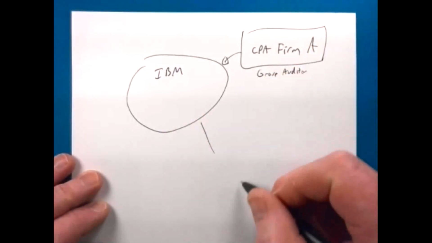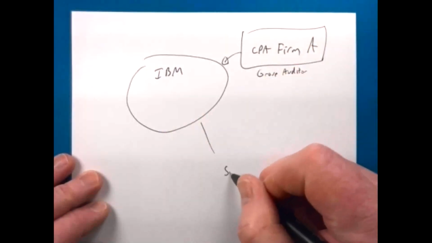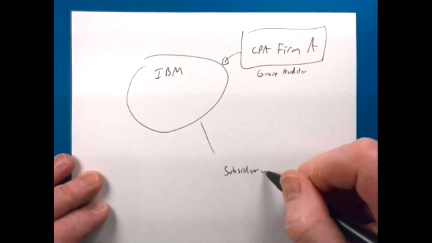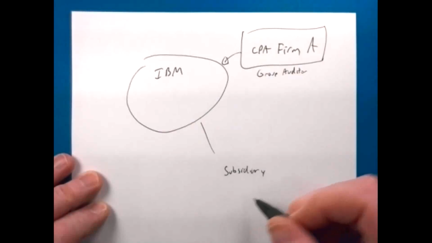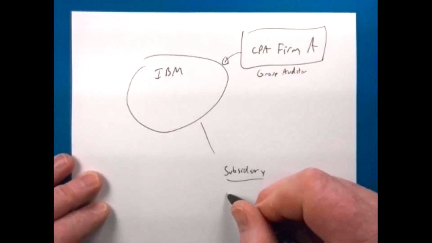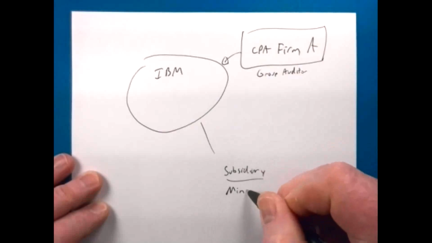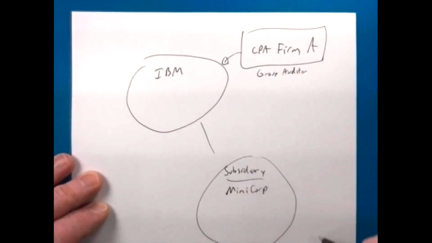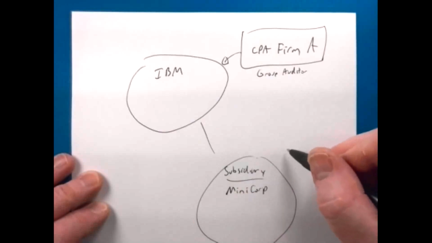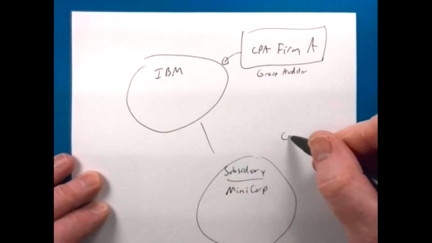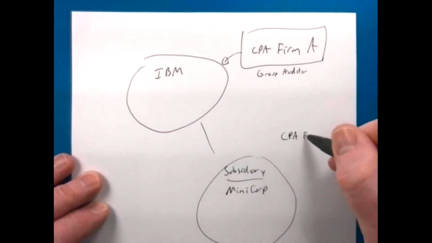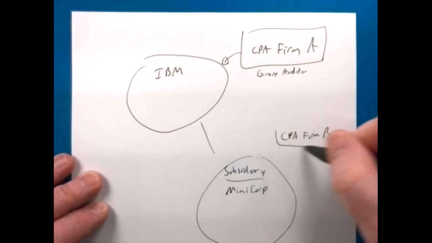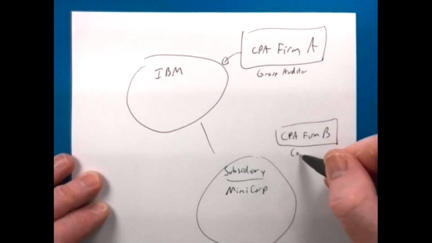So let's say that IBM has a subsidiary called Minicorp, and they may have CPA firm B that does the audit of that. This is what they call a component.